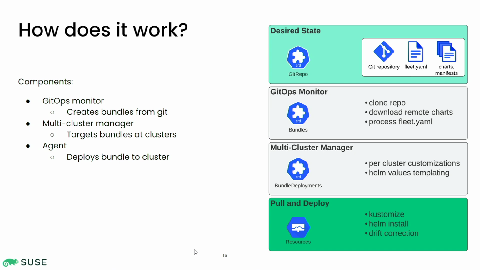Then we have a multi-cluster manager component that decides which chart goes to which cluster. Are there special values here? Do we need to do templating? And finally, at the bottom on the downstream clusters, we have the agents that pull in the changes when they are online and apply the Helm install to get the chart onto the downstream cluster, and also do the drift correction part by monitoring all the resources that were deployed.